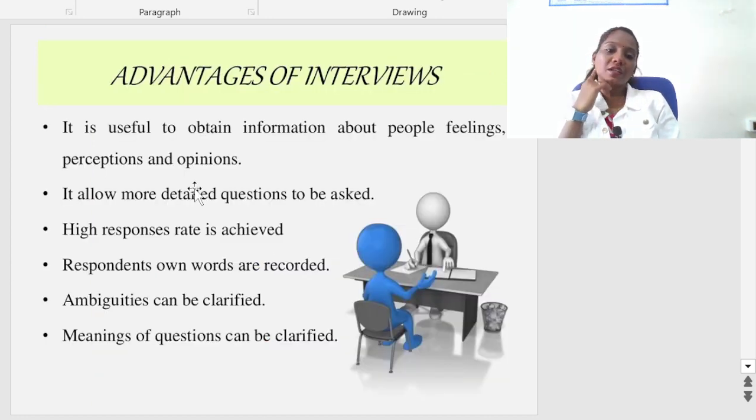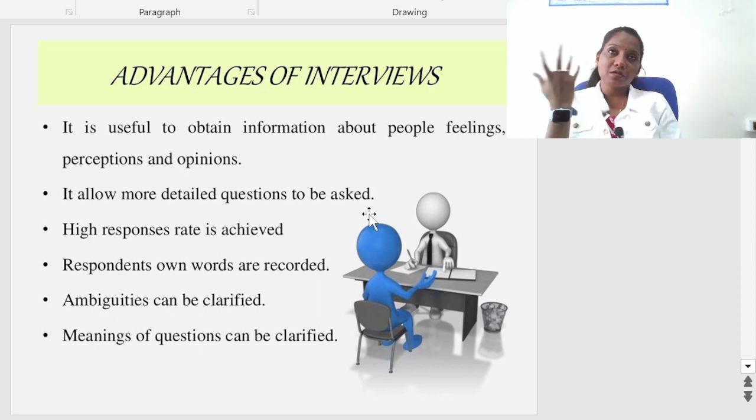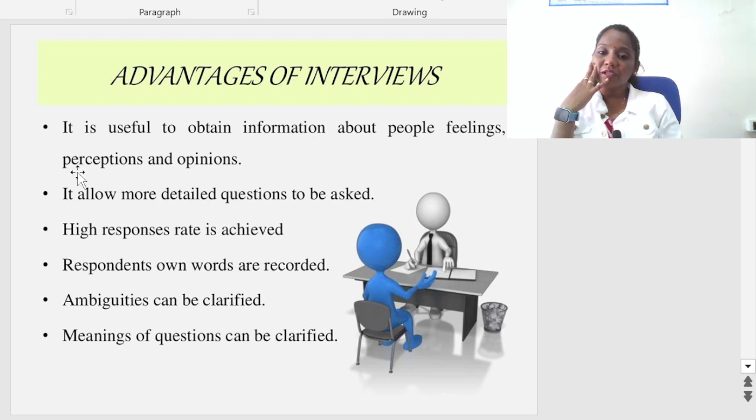So what are the advantages of interview? The main thing, I told you na, it can be used for even illiterates also, and it is easy to collect the information. And sometimes even large numbers of people we can reach, if it is a telephone interview. It is useful to obtain information about people's feelings, perceptions, opinions, attitudes, and their behavior. And it allows more detailed questions to be asked, so we can get more information beyond the questionnaire method and observational method.